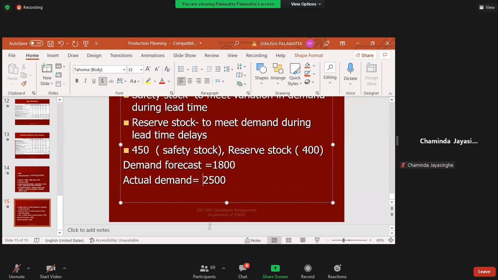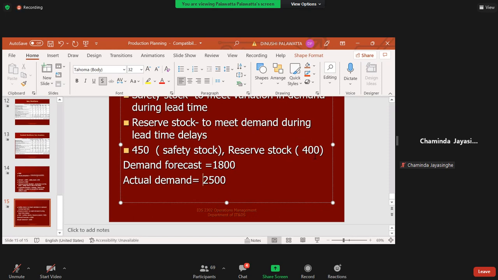And then let's say we produce, and what happens is we have excess. We have an additional demand of 700. So this 700 is first supplied from reserve stock.